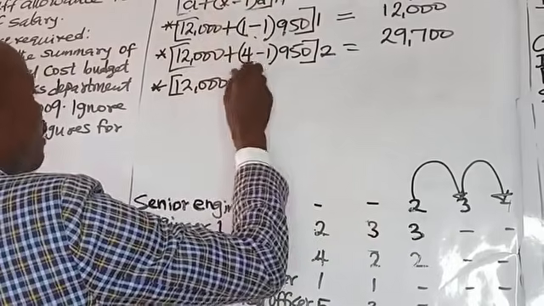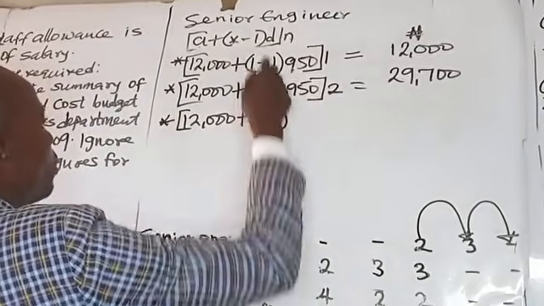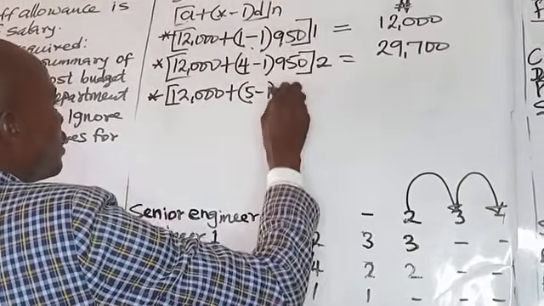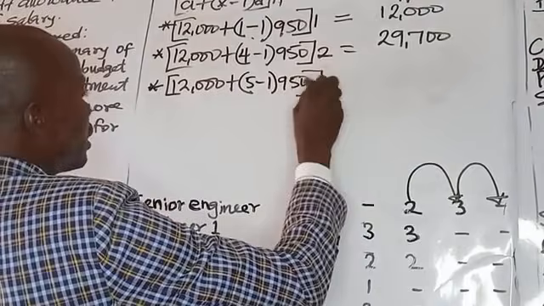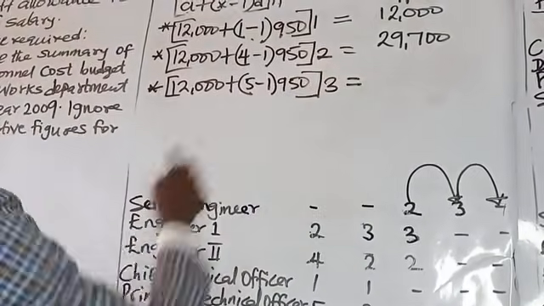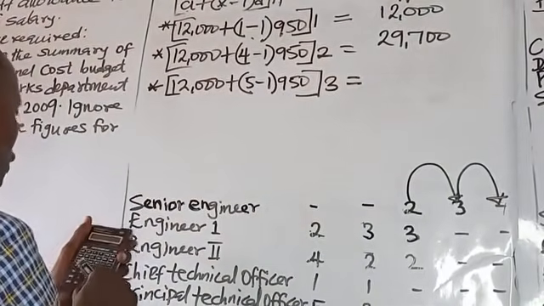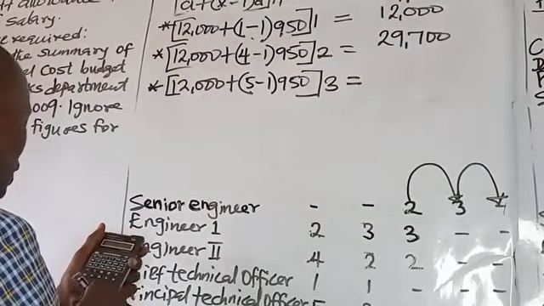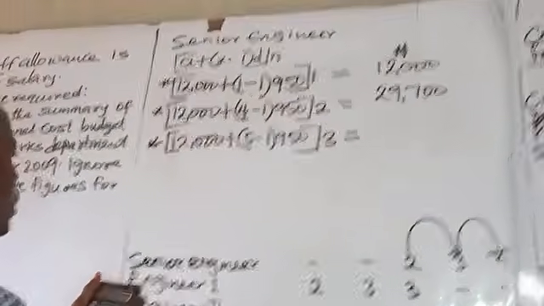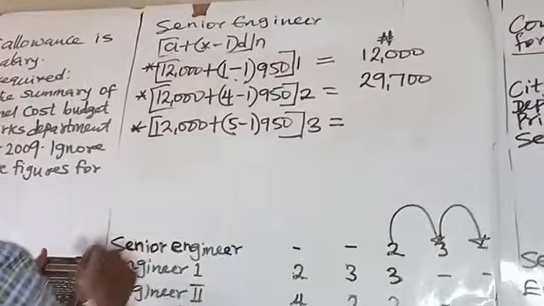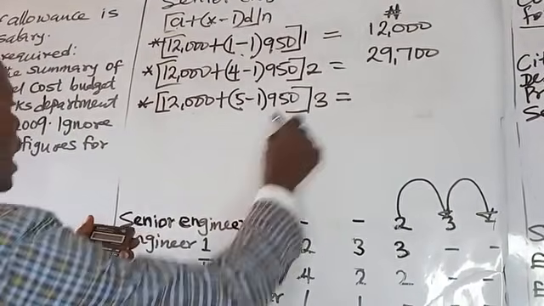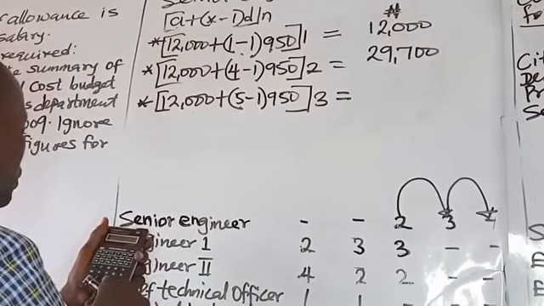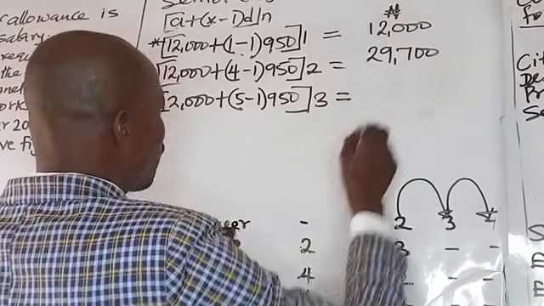X is 5 minus 1 into increment of 950 times their 3 employees. 5 minus 1, that is 4. 4 times 950 gives us 3,800. 3,800 plus 12,000, we have 15,800 times 3 employees. We have 47,400.